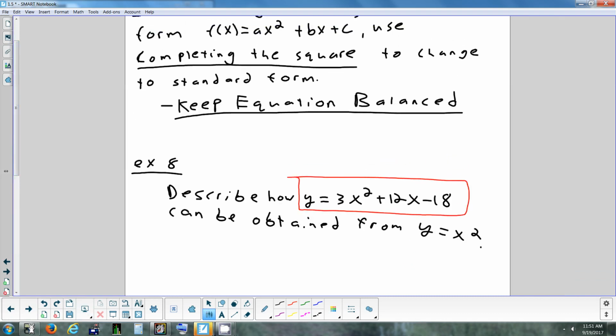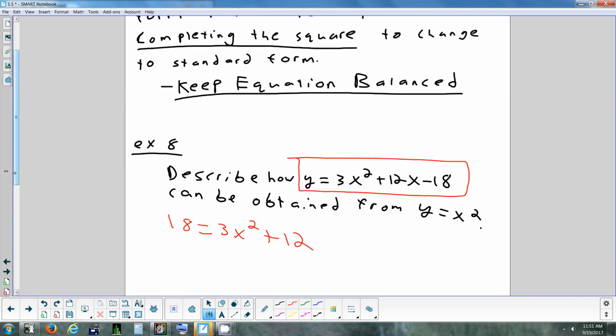So the first step is to put the constant on the other side. Step 1. Put the constant on the other side. The constant is the thing without a variable. So how would I move 18 to the other side? Add it. Step 2. You have to make sure the number in front of x squared is a 1.